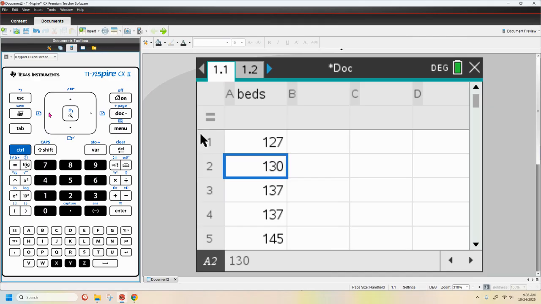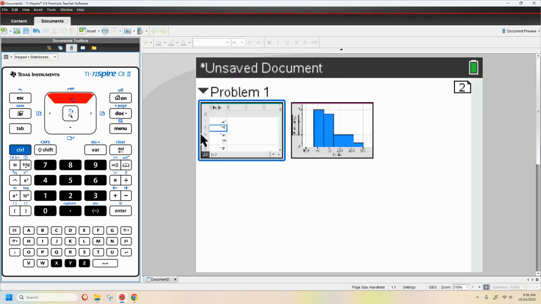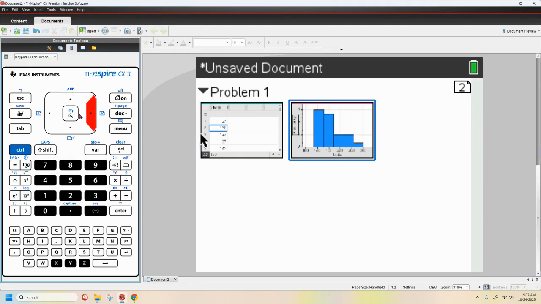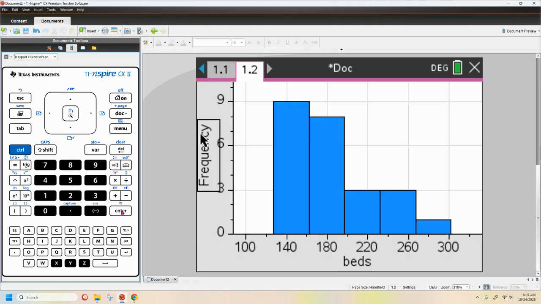And so that's how you can get back to the first page in your document. You can also go control up, and that will show you all the things that you have, and then you can select where you want to be. It's kind of like your computer having tabs.